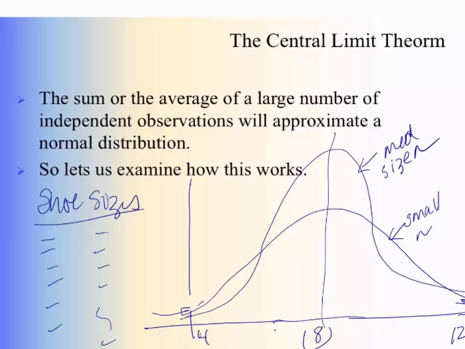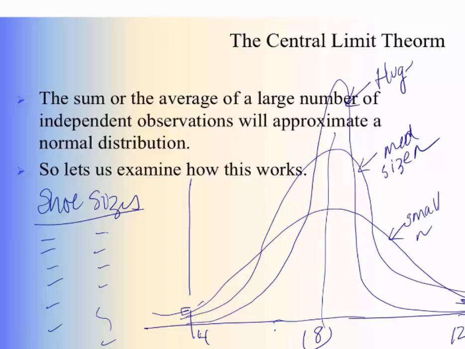And then if we got a huge sample, we would have a normal distribution that looked more like this. This is a huge sample size. So the central limit theorem says that this will occur. As our sample size gets larger and larger, our distribution becomes tighter, essentially.